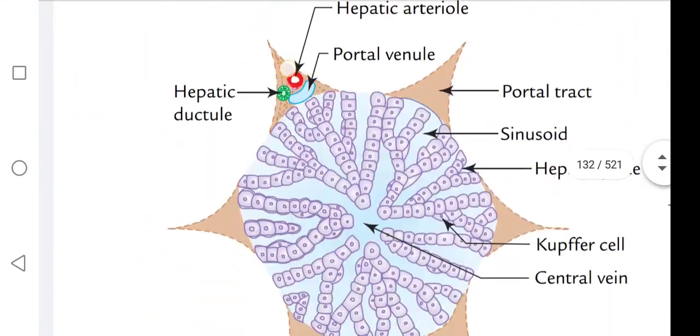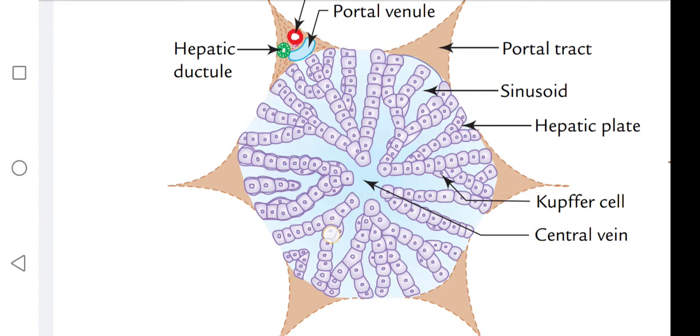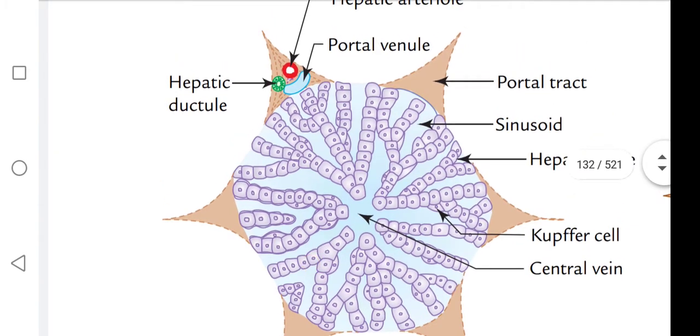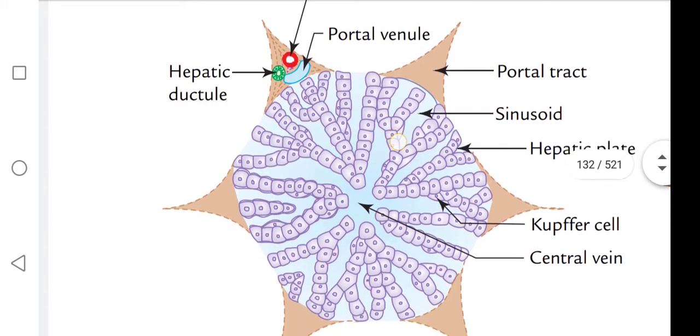See the figure. We call these hepatic plates or hepatic cords. And these hepatic cords are separated by sinusoids.